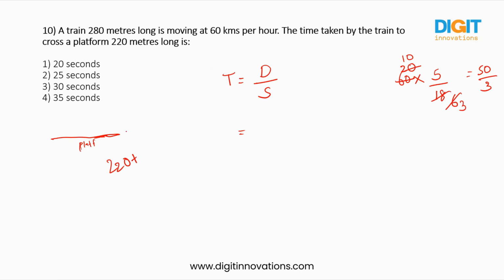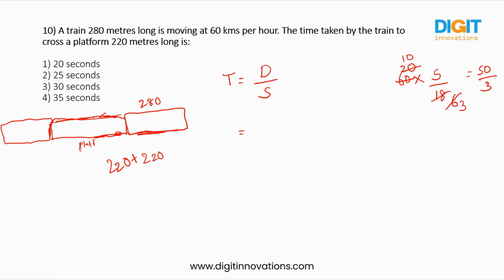So it has to cross the platform completely. Okay, this length of 280 should cross all this 220. Here it is going to cover 220 meters, and it will be in this way. Here it will be, but it has to cross the platform completely. That means it has to be here.